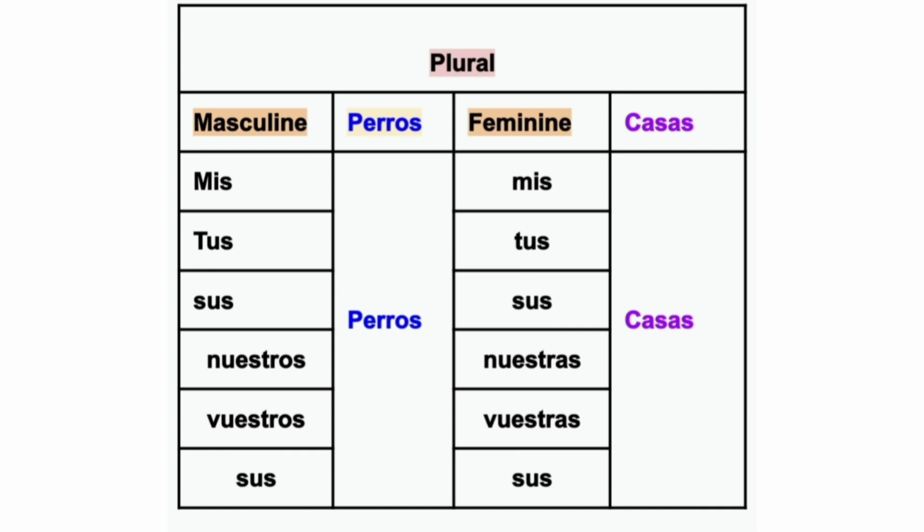His, her, your dogs, sus perros. Our dogs, nuestros perros. Your dogs, vuestros perros. Their dogs, sus perros. And the same with casas. Mis casas, tus casas, sus casas, nuestras casas, vuestras casas, sus casas.